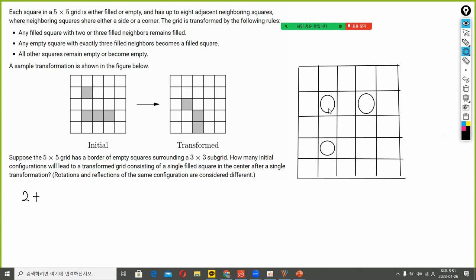So after transformation, each of these filled corners becomes empty, but this center empty becomes filled. So in this case, we can rotate this empty corner 4 times. So this type of case, the number of cases is 4.